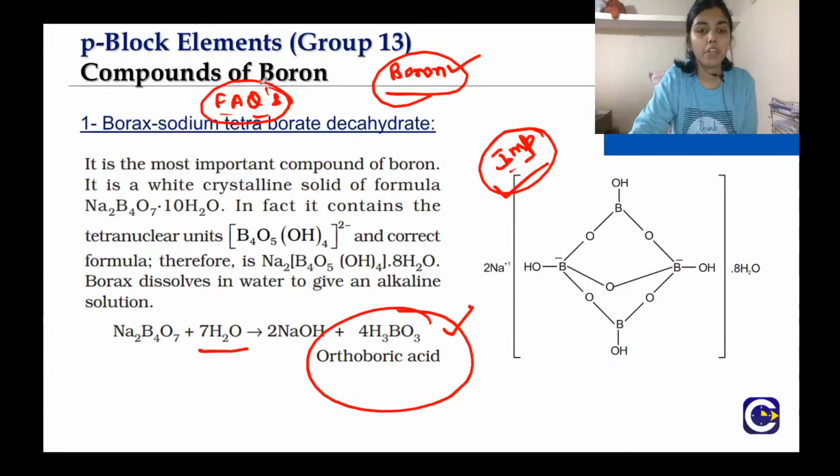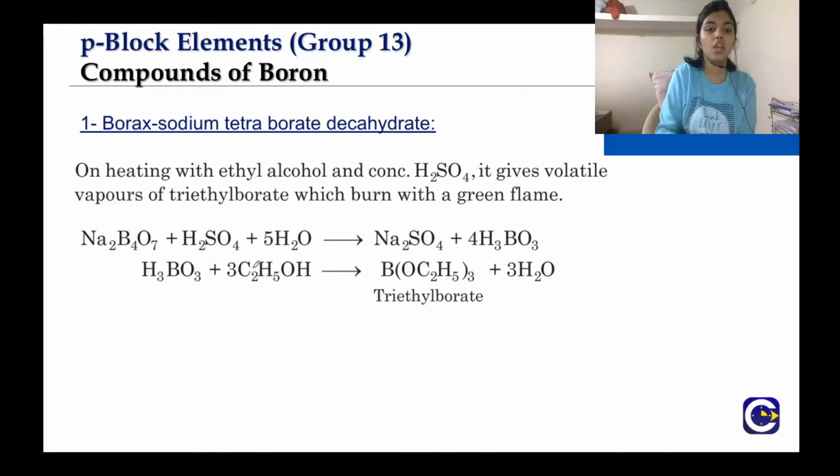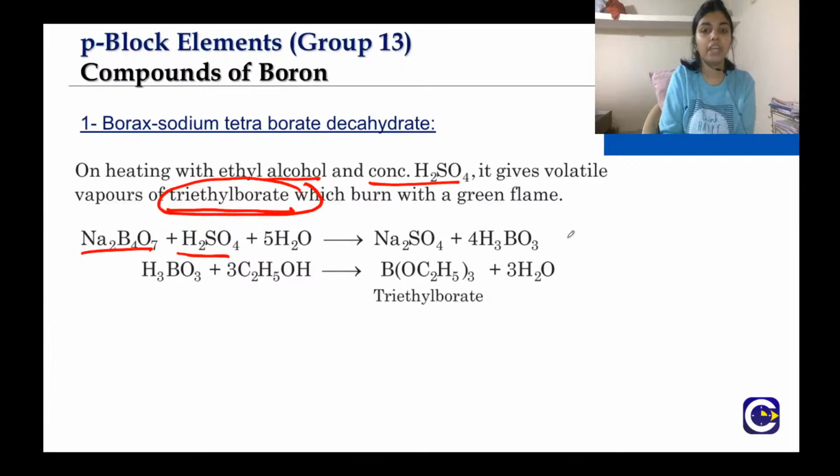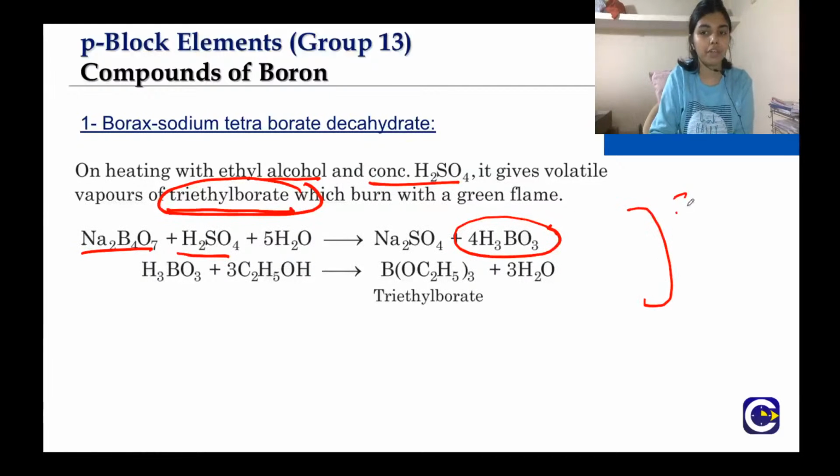Now, next you come on heating with ethyl alcohol and concentrated H2SO4, it gives triethyl borate. So borax on treatment with H2SO4 will give you boric acid, which is H3BO3. These reactions are important.